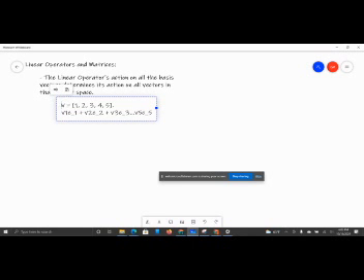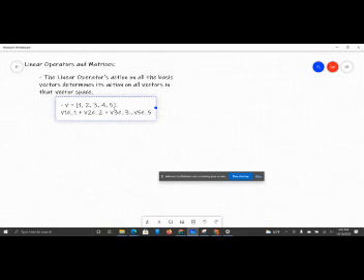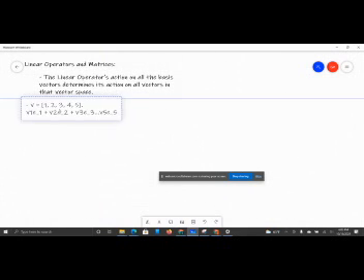So what we are really saying is that any vector is a linear combination of the basis vectors.